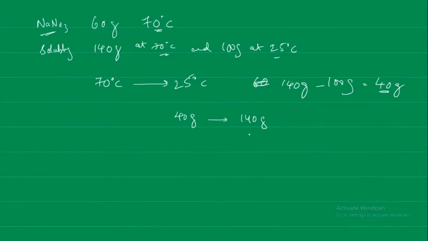For 60 grams, how much will be required? So 140 into 60 by 40. Then what do we get? Roughly 210 grams. So this is also one way in which the question may be asked.